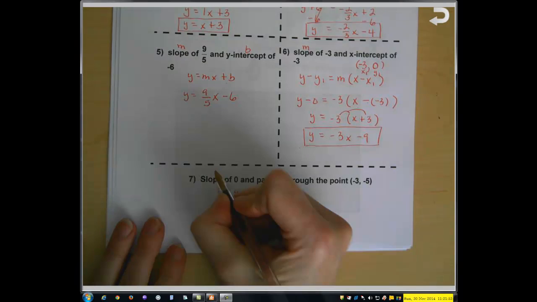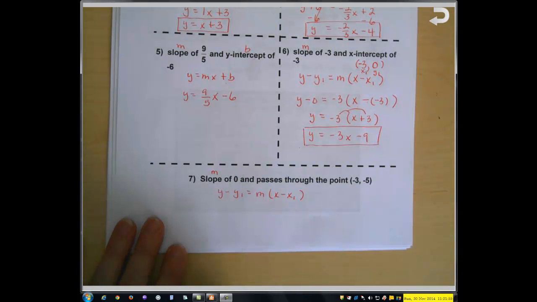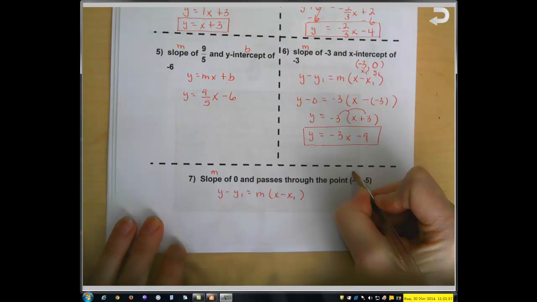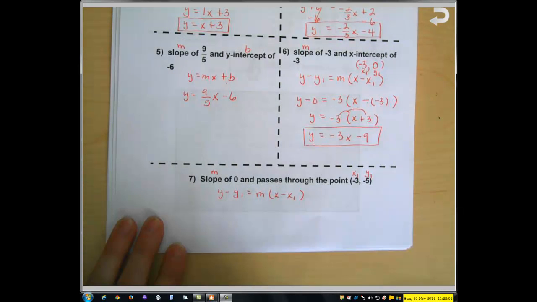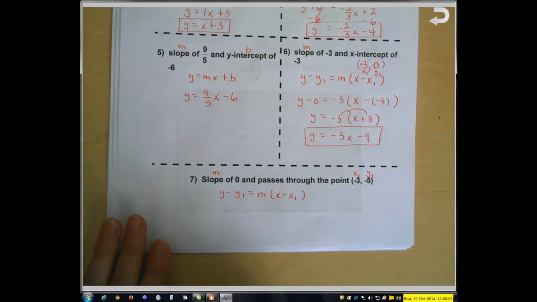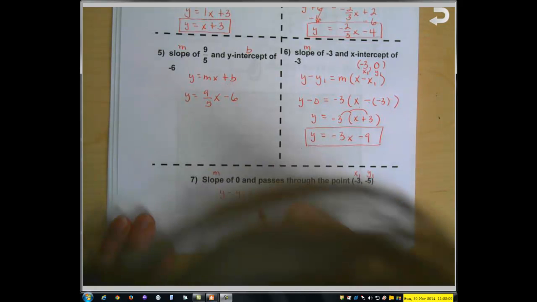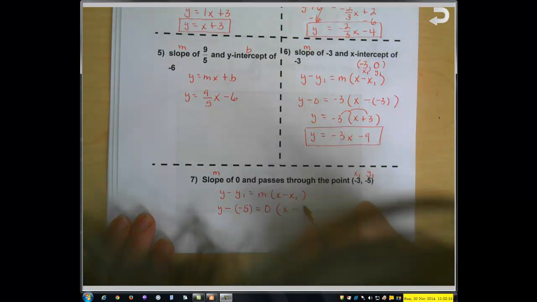So the slope is 0, the x-coordinate is -3, and the y-coordinate is -5. So let's plug those in. Y minus the y-coordinate, which is -5, is equal to 0 times x minus the x-coordinate, which is -3.